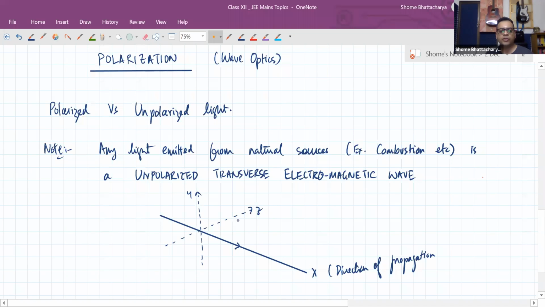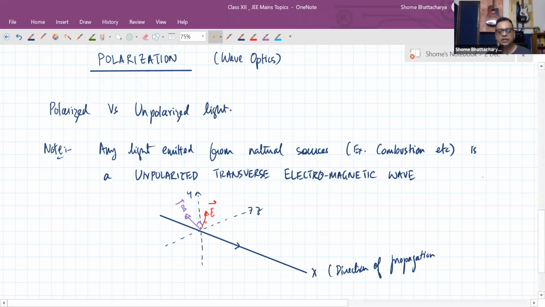Then at any particular point on the light beam, the electric field and the magnetic field will be two mutually perpendicular vectors which lie in the yz plane.